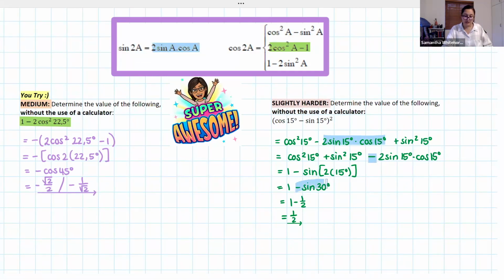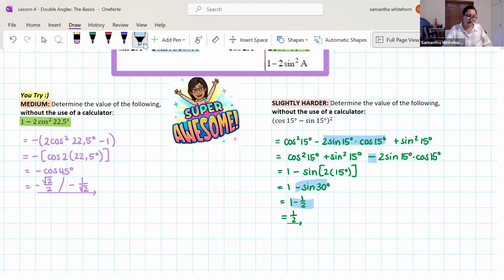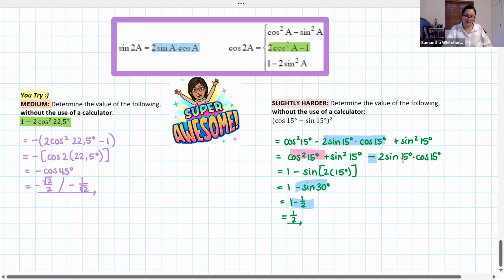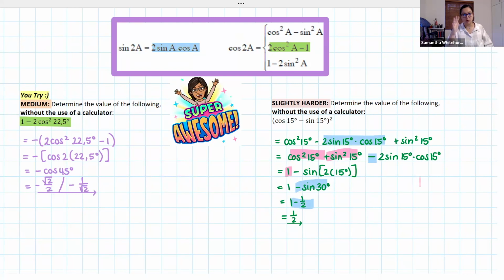So when you did deal with the special angle sine 30, it was -1/2. And then obviously remember again the fact that you had the cos squared 15 plus sine squared 15 giving you that identity of 1. Okay, so very similar to what we did in the last question. Just because of the negative, the signs were a bit different, but very, very similar to what we did there.